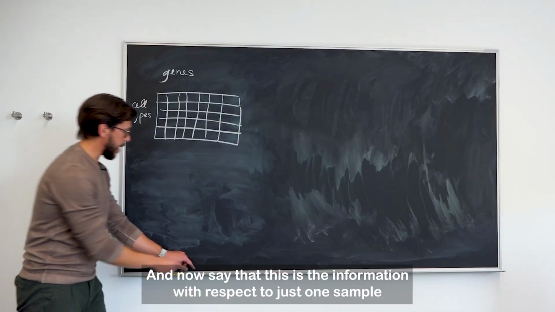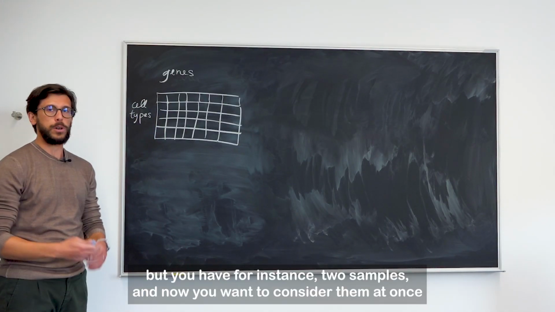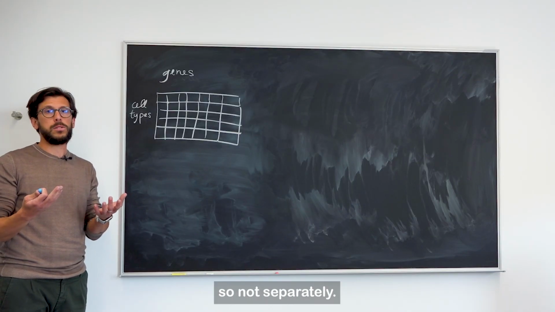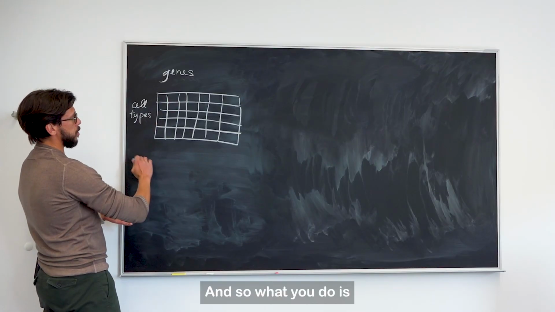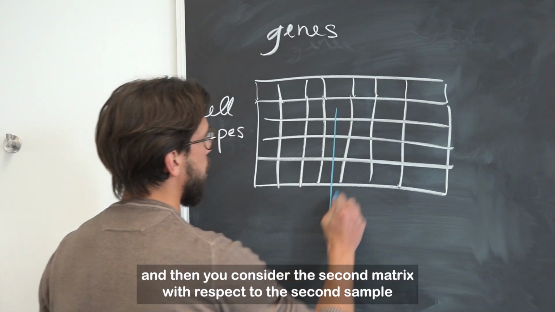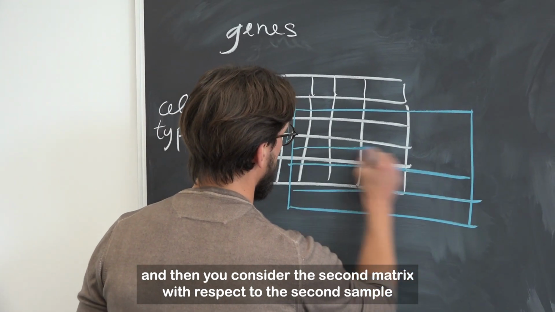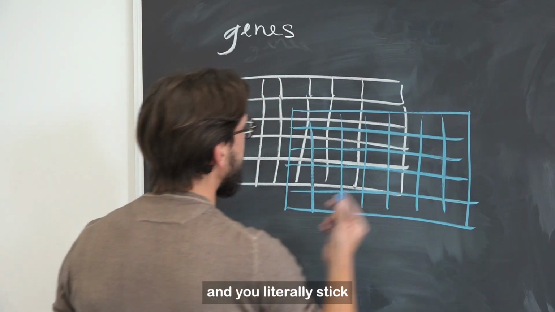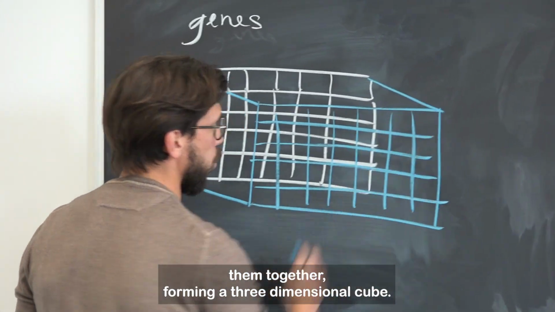And now say that this is the information with respect to just one sample, but you have, for instance, two samples, and now you want to consider them at once, so not separately. And so what you do is you have the first matrix with respect to the first sample, and then you consider the second matrix with respect to the second sample, and you literally stick them together, forming a three-dimensional cube.